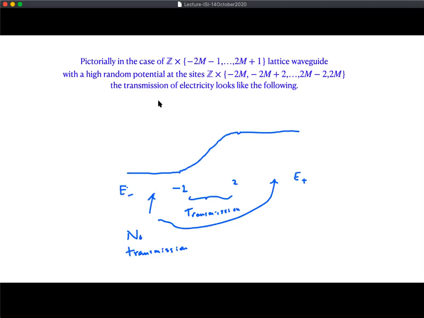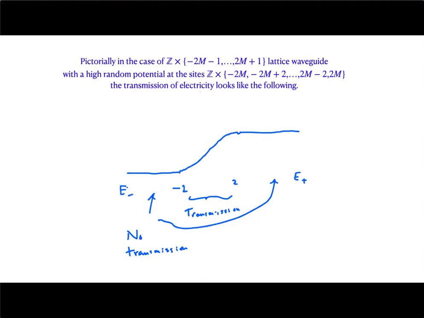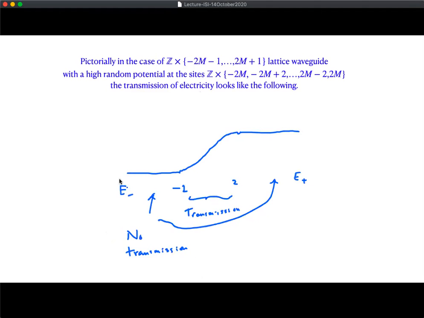So in this case, in this quantum waveguide, so pictorially it says this lattice waveguide with a high random potential, the transmission of, so suppose you're transmitting electricity, say a bunch of electrons are moving in such a lattice waveguide, then up to some energy, there is no transmission, even though you're pumping in energy.